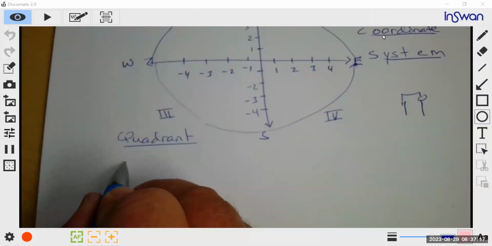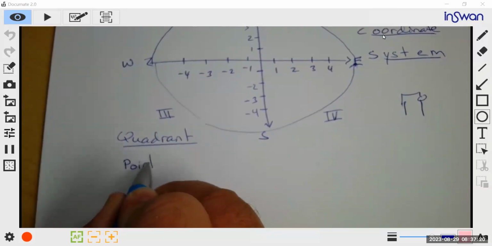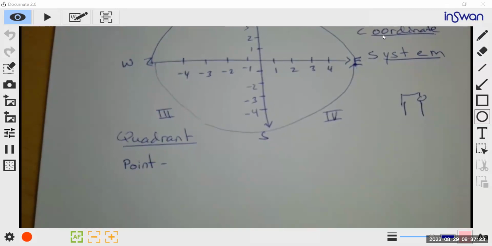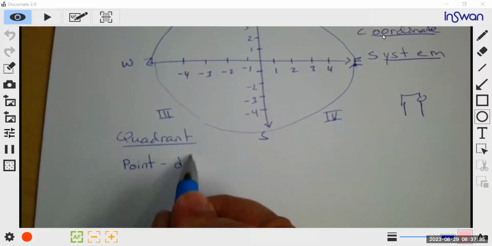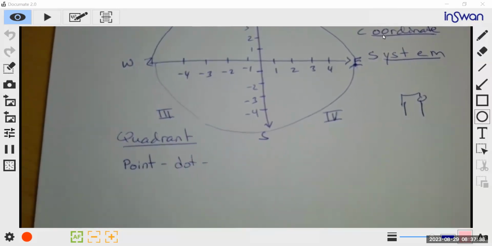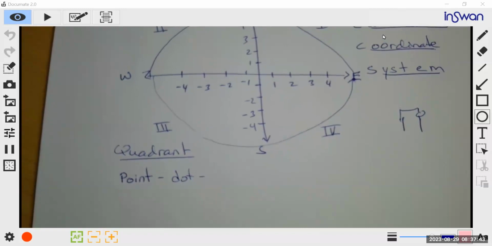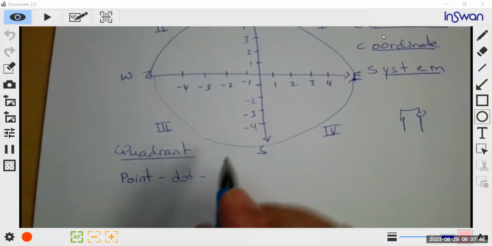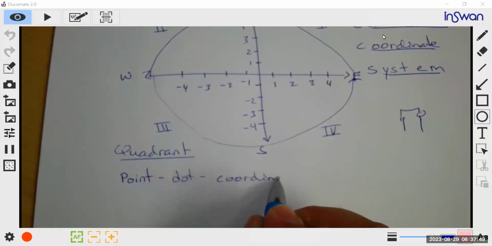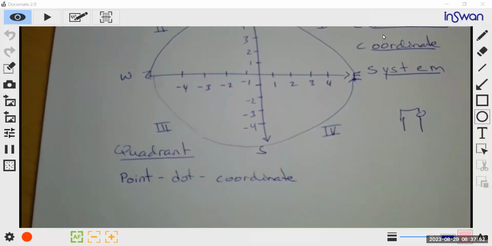So now let's talk about what is a point. What's a point? What's the name for a point? A dot? I mean, if I asked you, put a dot where this is, or what's this point? What's the other name for it? Coordinate, very good. You know why they call it a coordinate?